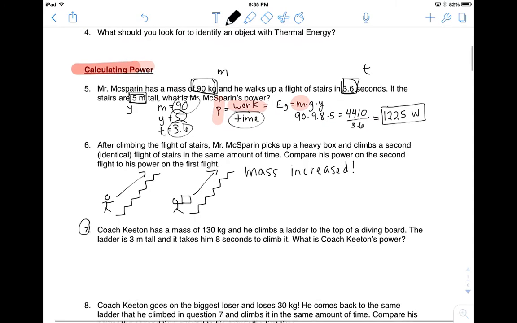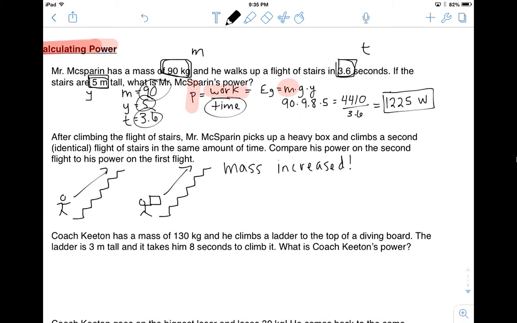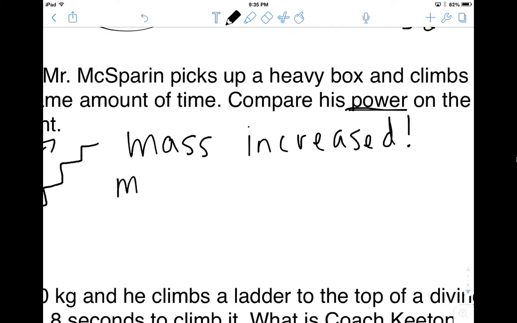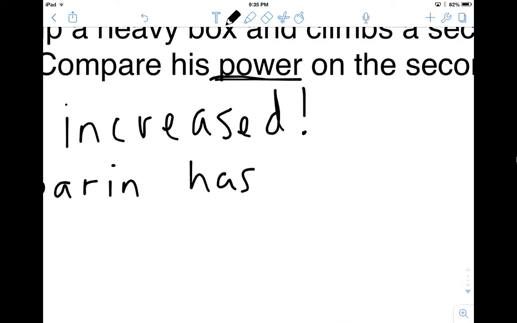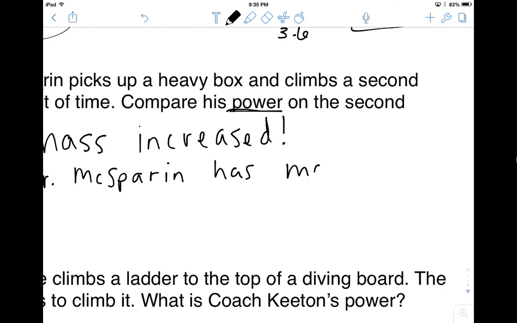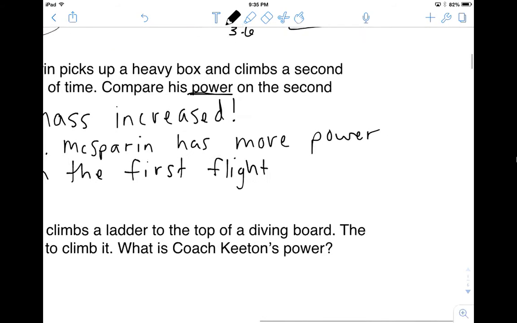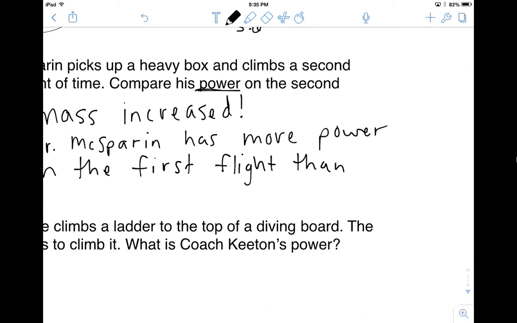So my answer for this one, when I say compare his power on the second flight to his power on the first flight, I'm going to say something like, Mr. McSparren has more power on the first flight than the second flight.